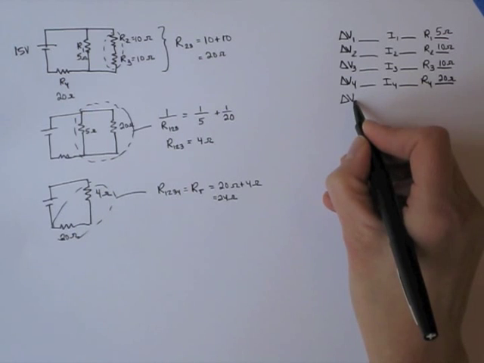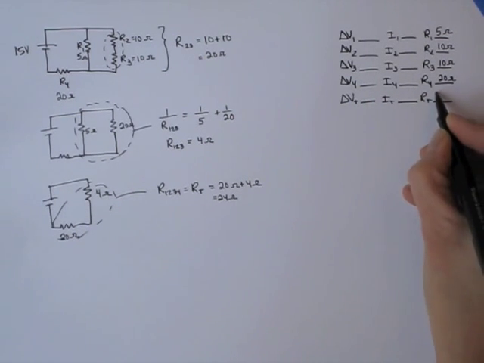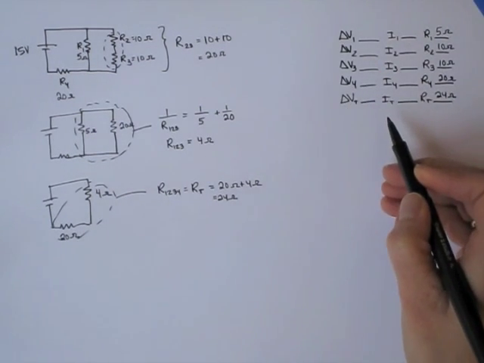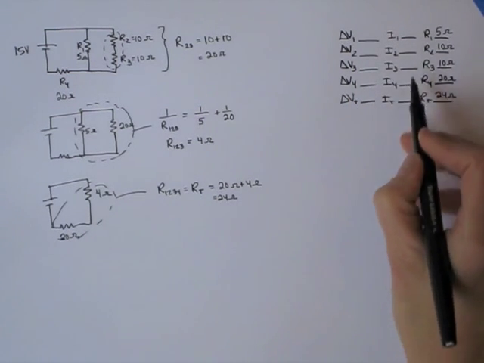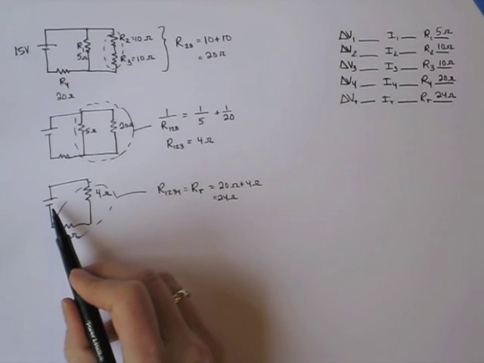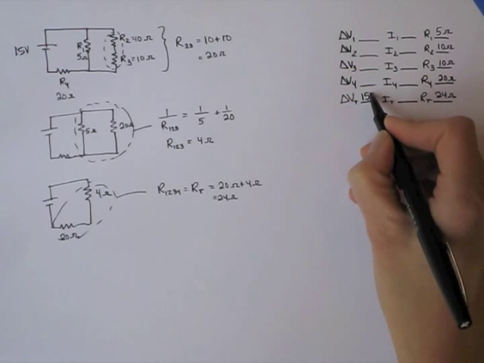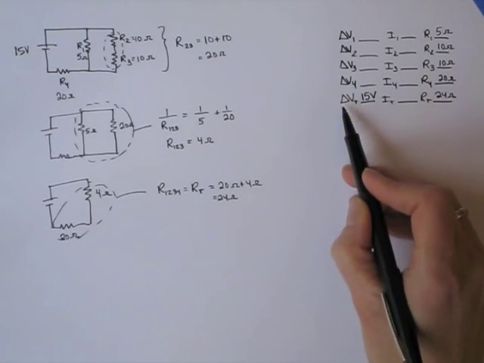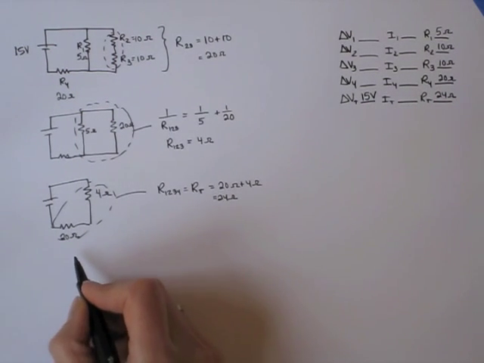So let's make a row here for the total values, and 24 ohms. Now we want to figure out the rest of the values for this circuit, all of the pressure differences and currents. So we know the total voltage here is 15 volts. And now I see that if I know the voltage here and I know the resistance, I can find the current. So I'm going to go ahead and do that.